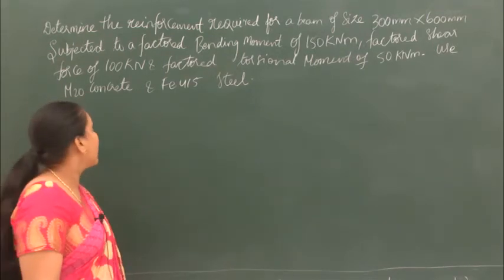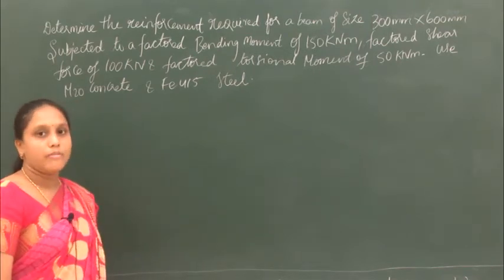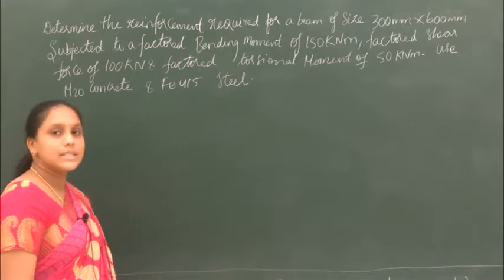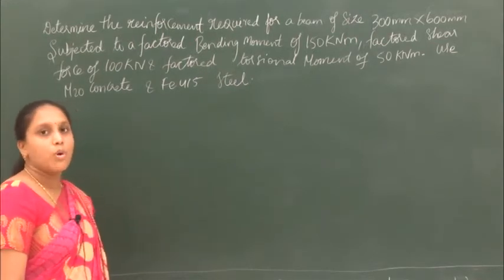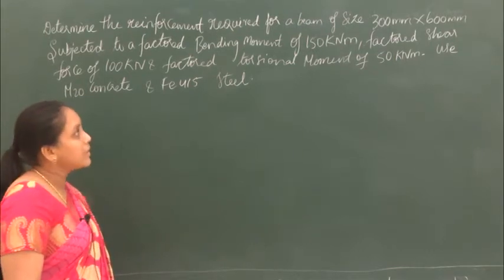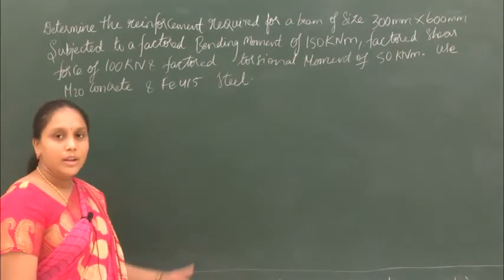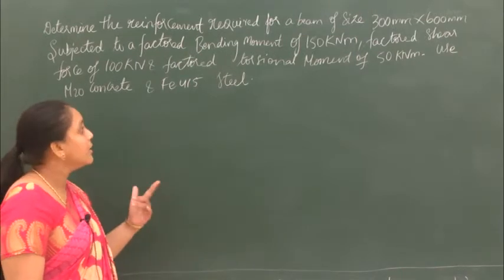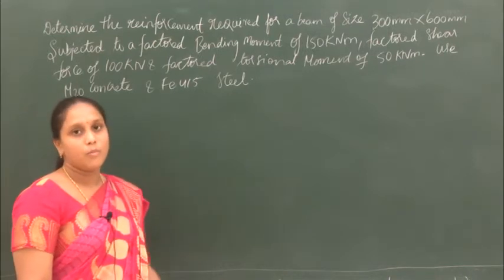The grade of concrete is M20 and the grade of steel is Fe415. So what is being asked? We have to design the reinforcement required for that particular beam, if we have a bending moment acting on it, the factored shear force as well as the torsional moment.